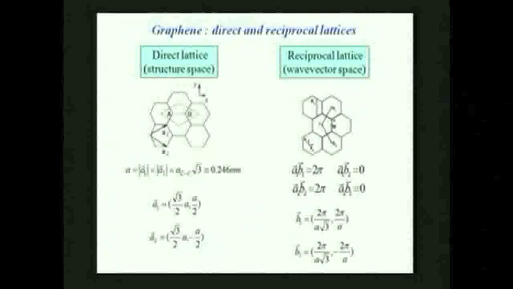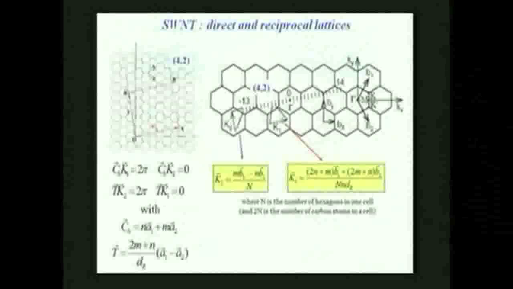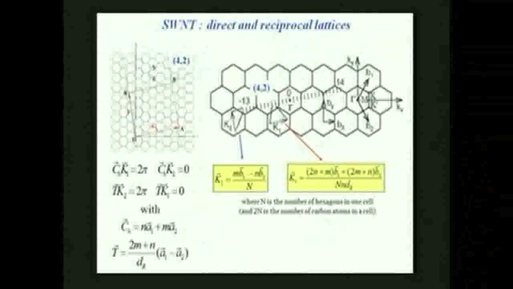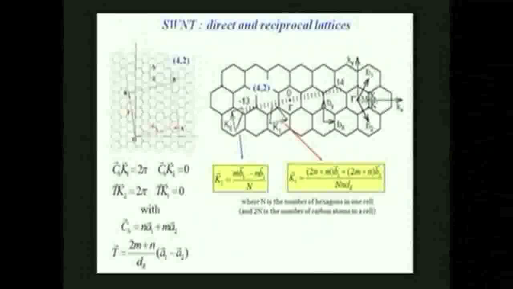You can also see on the sketch that you can define specific points, like K points and M point, which correspond to different wave vectors, different directions of the wave vectors, and that we will use later. So now we come to nanotubes. If you understand well how you can build a reciprocal lattice in general, and in the case of graphene, you can also understand how we will build the reciprocal lattice of a nanotube.